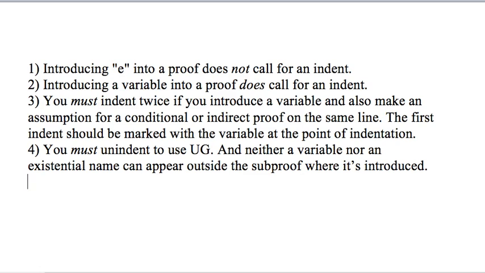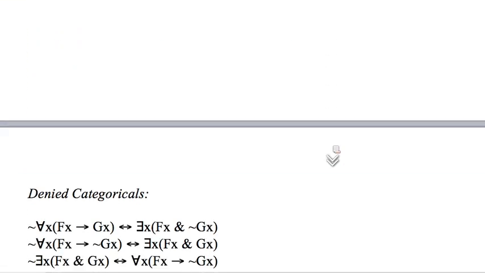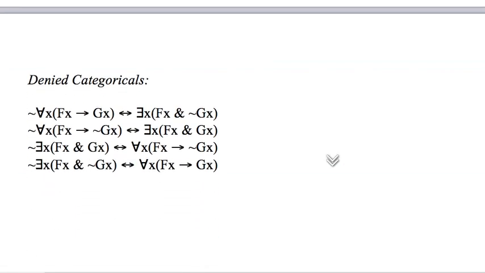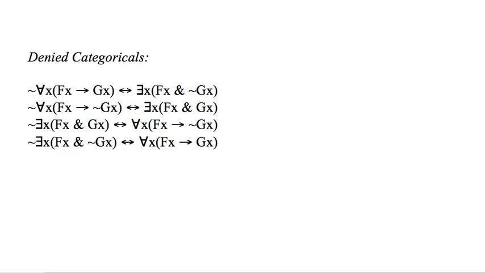Next, we're going to move on to some principles that we can prove, and some of which we will prove, but that in any case are worth noting. So the first one is that we have a bunch of relationships about denied categoricals.